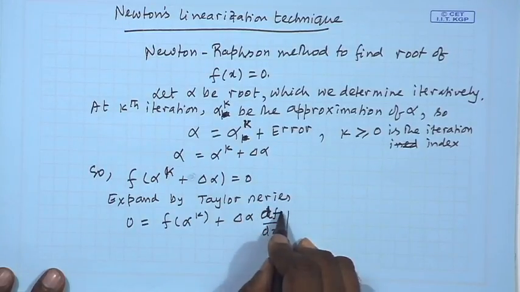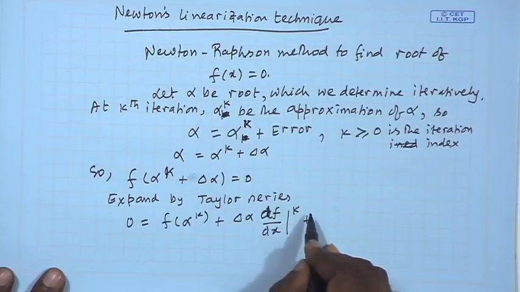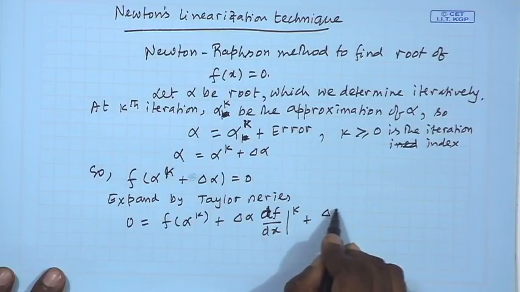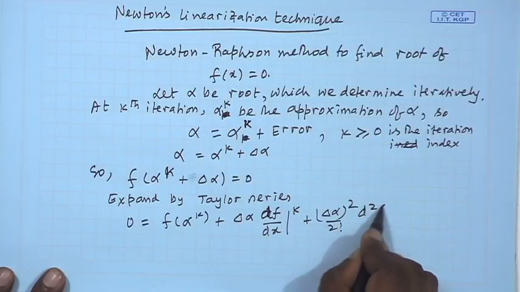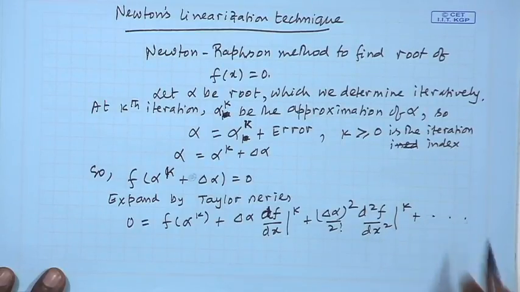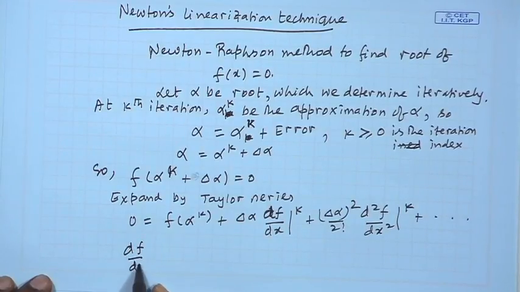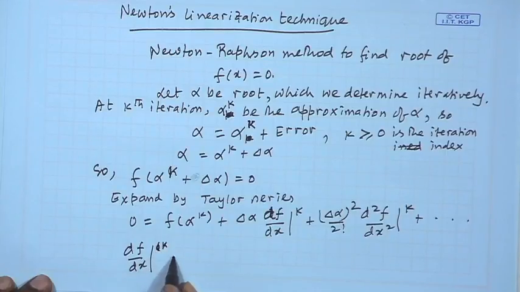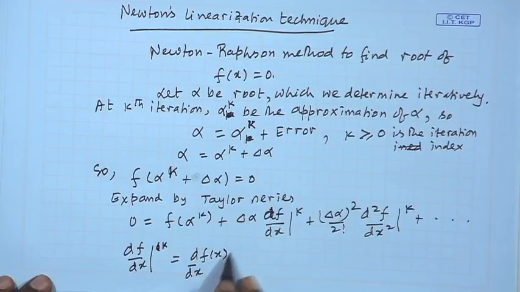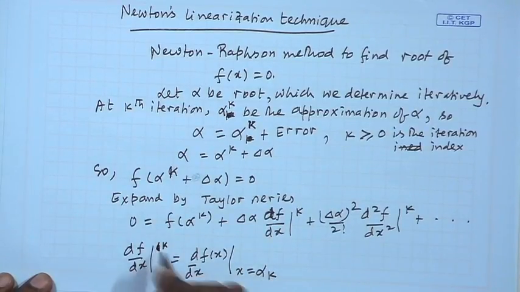This is evaluated at the approximation value alpha k, that means x is replaced by alpha k, plus delta alpha whole square by 2 factorial into d2f by dx2 at alpha equal to alpha k, plus etc. Here the notation denotes d by dx of f x at x equal to alpha k, and similarly for the second order and so on.